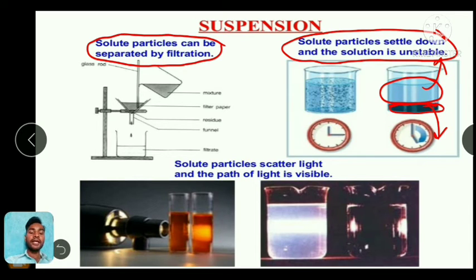The second thing: when a light passes through, it shows a path, a completely and clearly visible path. The smallest particles found in the suspension reflect the light when it hits them, and due to that you notice a clear path visible there.